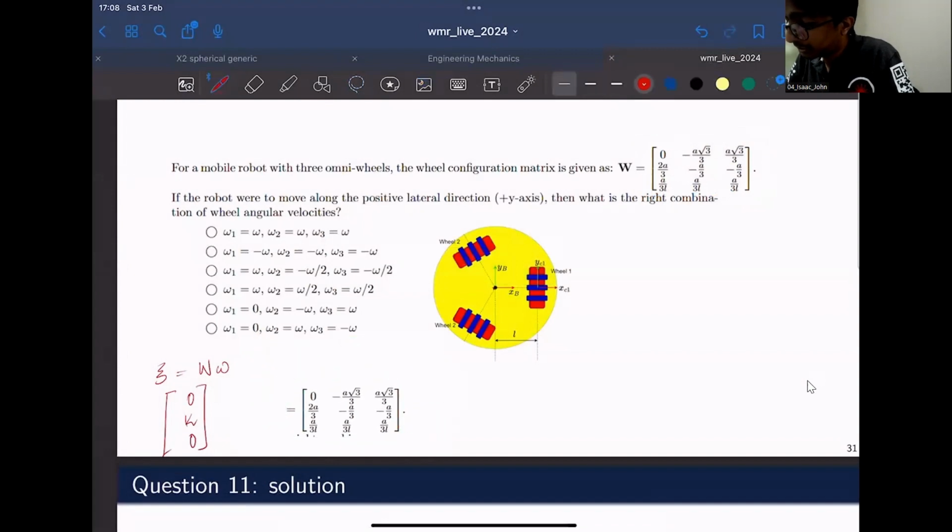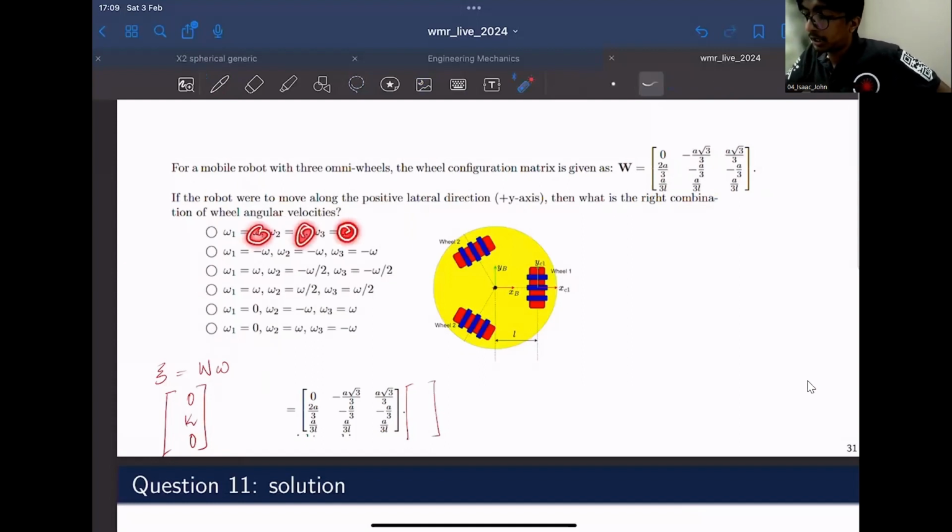Then what should be the combination of omegas? If it has to move along the y-axis, can anyone suggest? Because the first option says omega, omega, omega.